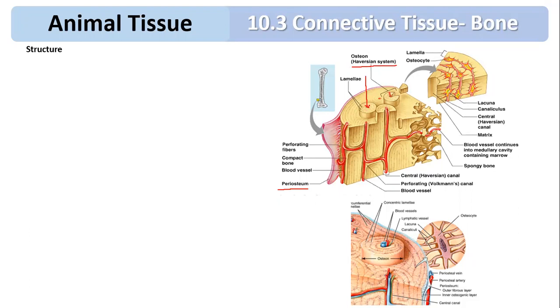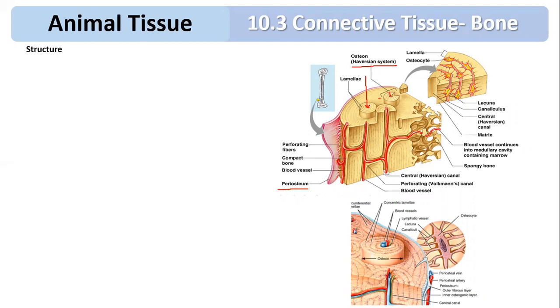Around the Haversian canal, the lamellae are present. What are lamellae? Lamellae is nothing but matrix. The matrix is arranged in the form of concentric circles, and these are called lamellae.